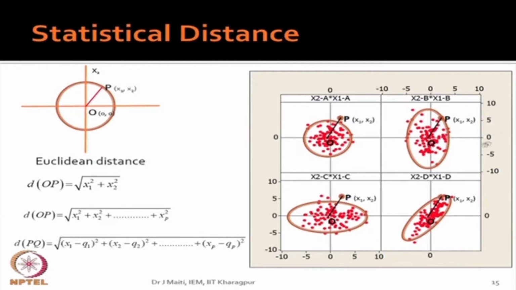Here x 1 and x 2 are uncorrelated. In the first, second and third quadrants the variables are not correlated.